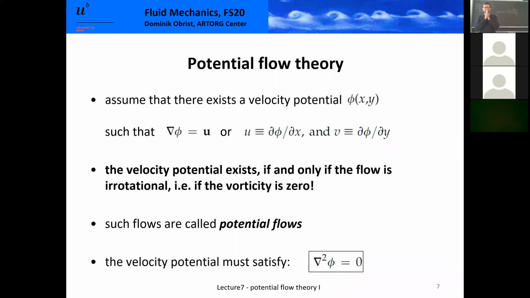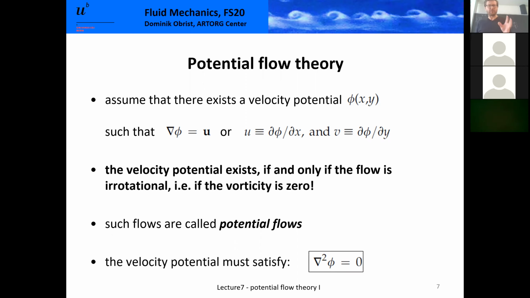Let me go back to the slide now. Well, what does this have to do with vorticity? Well, zero vorticity is actually a necessary and sufficient condition that a potential exists.